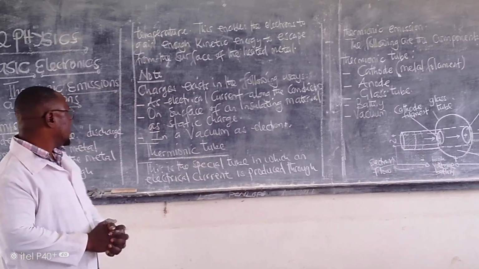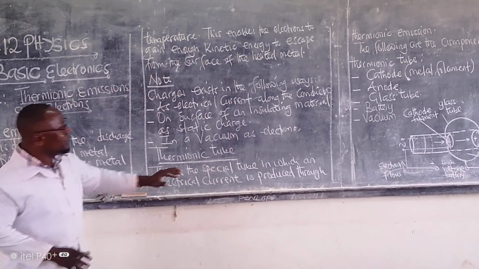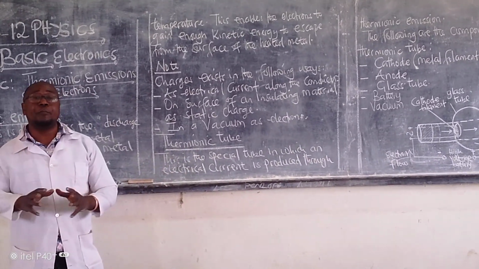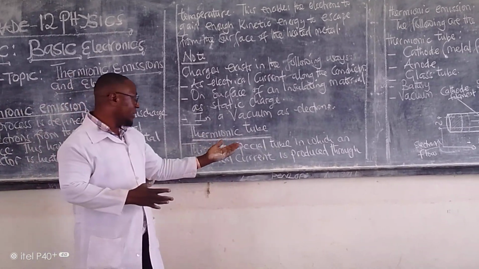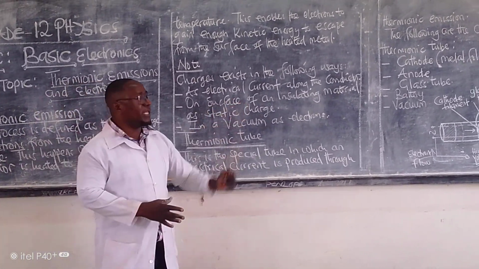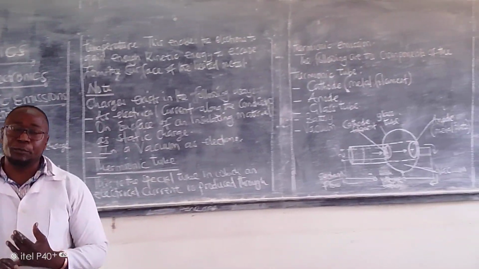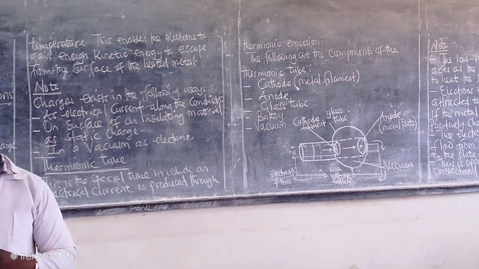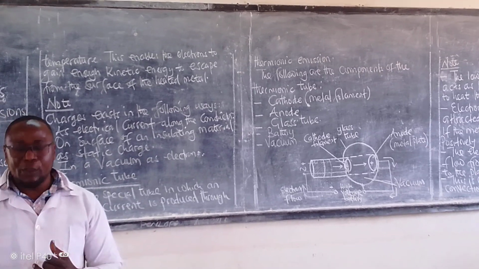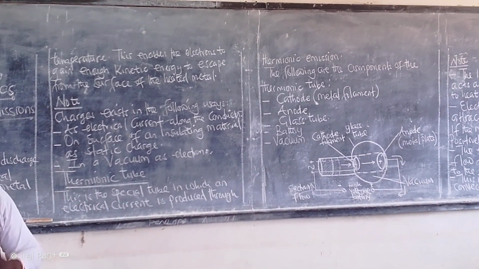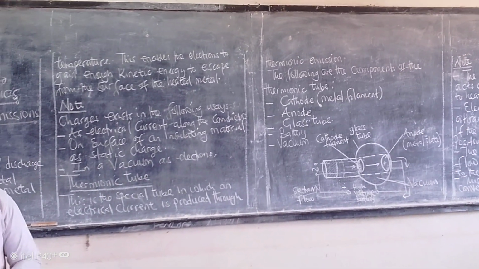That is the thermionic tube. Now, the same thermionic tube has certain components, or rather parts, that make it up. One, the thermionic tube is made up of a cathode, which is a negative terminal. Secondly, it is made up of the anode, which is the positive terminal.